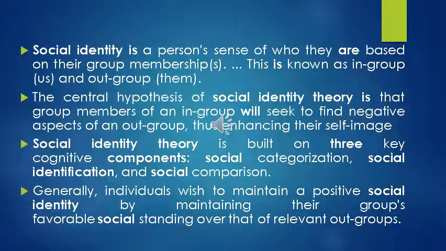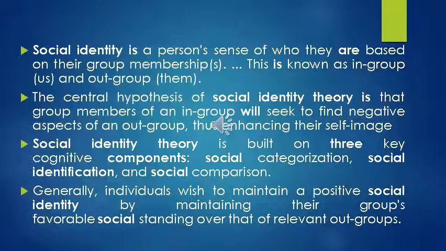Here we are going to mention two terms, the in-group and the out-group. What do we mean by that? We will read the whole slide and then explain each point. Social identity is a person's sense of who they are based on their group memberships. This is known as the in-group, which is us, and the out-group, them.